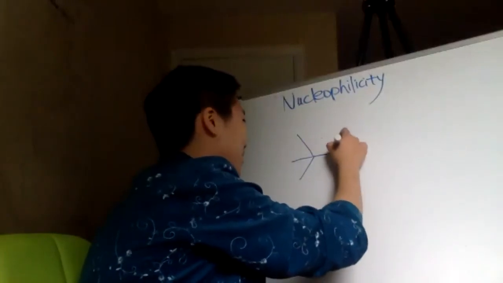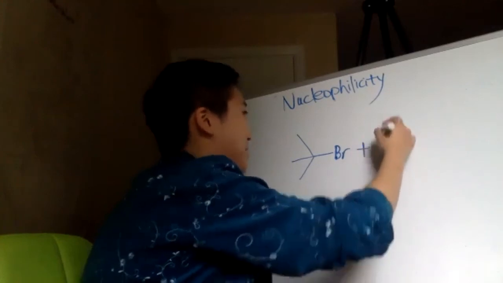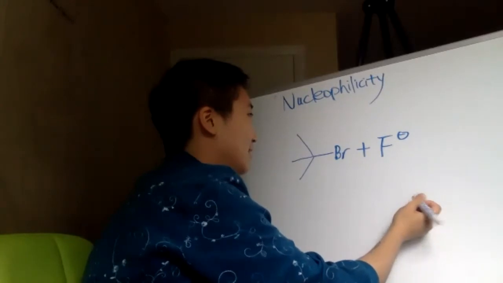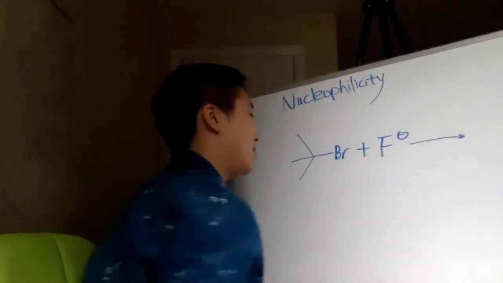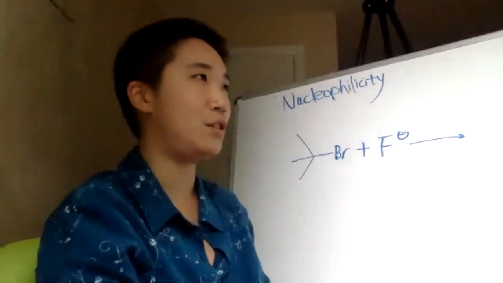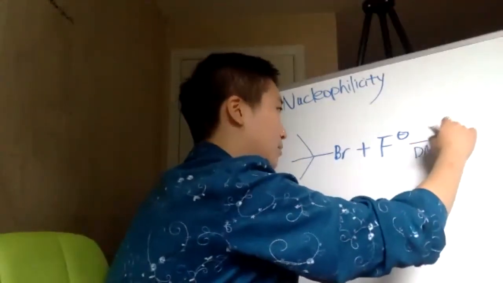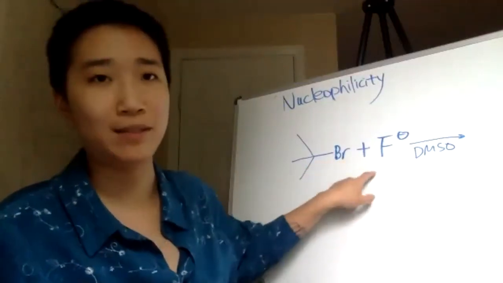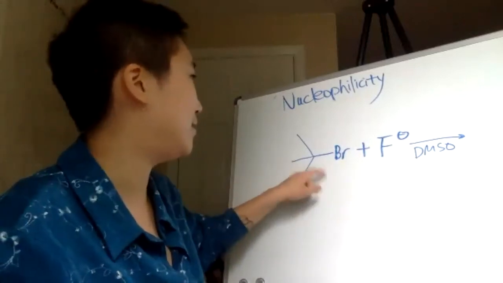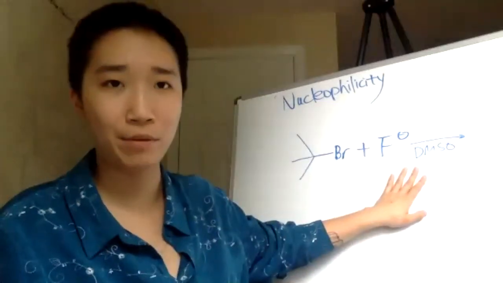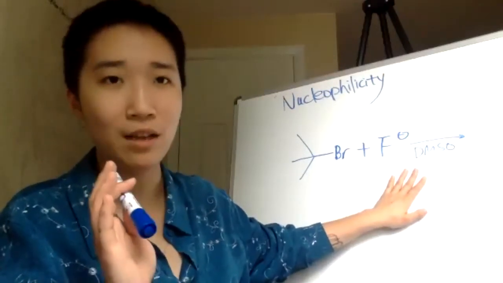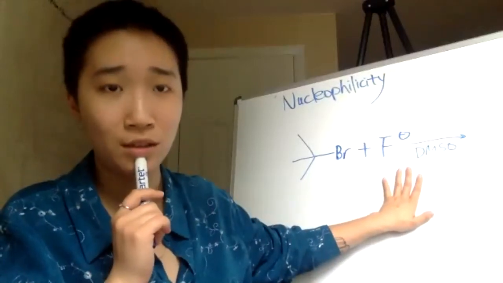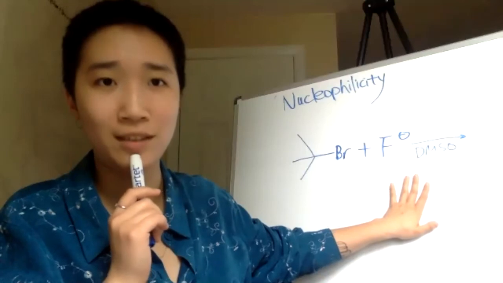How about this? And you said polar aprotic solvent, so I'm going to do DMSO. All right, so it cannot do an elimination reaction because F minus is a poor base and DMSO is a polar aprotic solvent. It does not favor elimination reactions at all. So right now we have to consider what kind of substitution reaction it's going to do. Is that what you're asking?